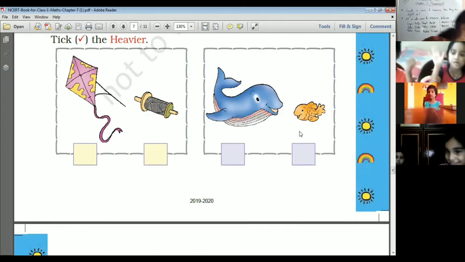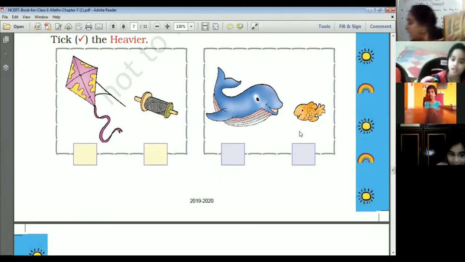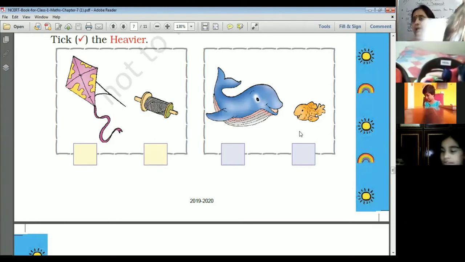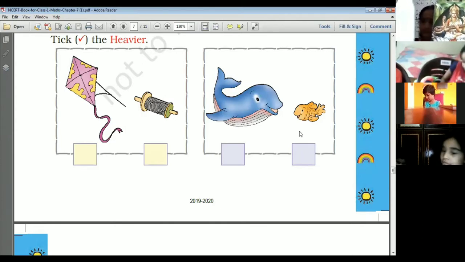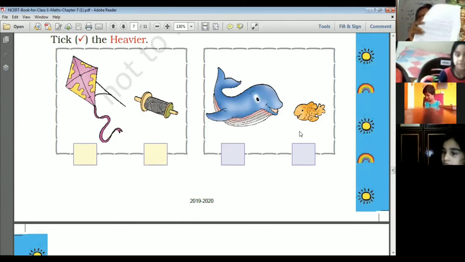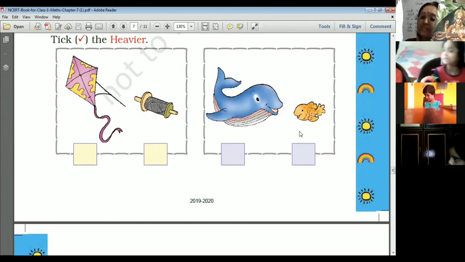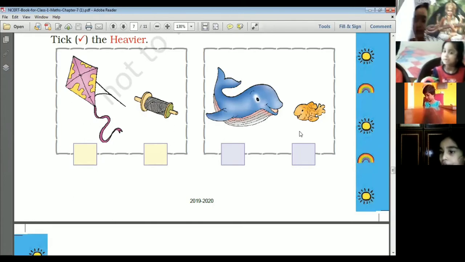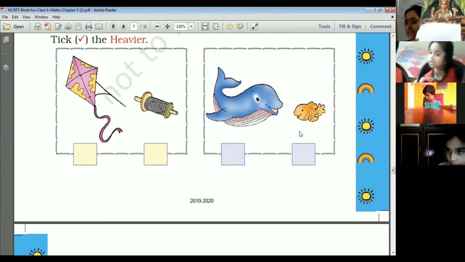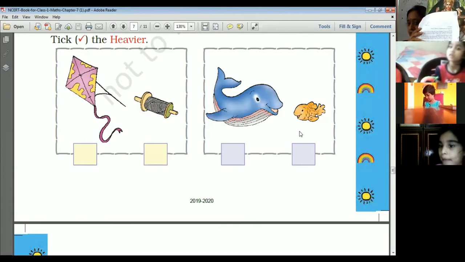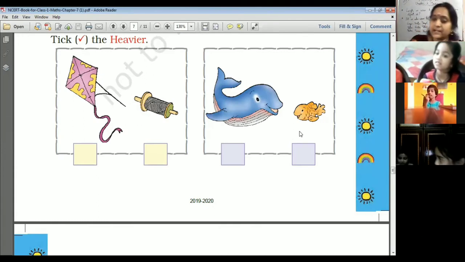Now here, I have an exam pad and paper. In these two, which one is heavier? The exam pad is heavier.